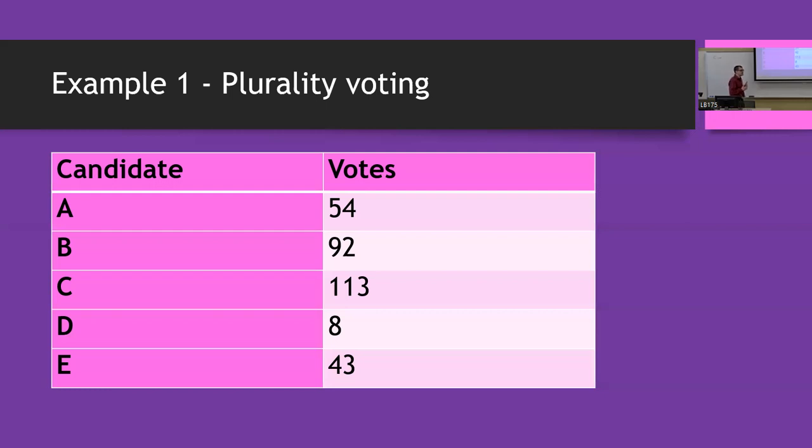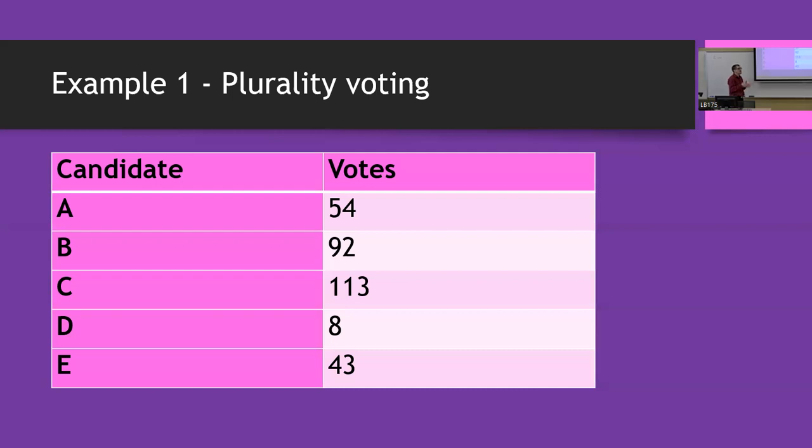Where this becomes sticky is when candidates have similar views. Imagine candidates A and B had almost the same views on every single policy. So if A and B had nearly identical views on the same policy, if one of them were to exit the race, their votes would go to the other candidate, probably. All right, let's just say that in general.